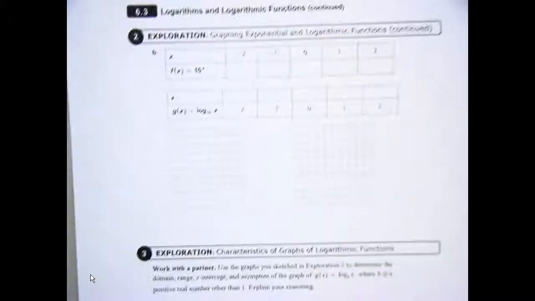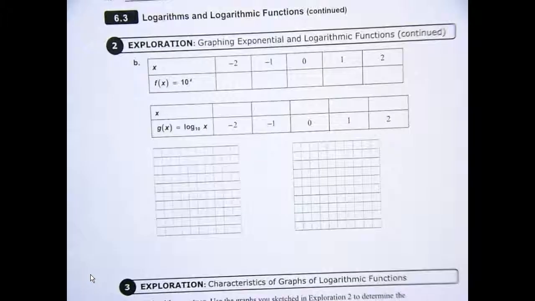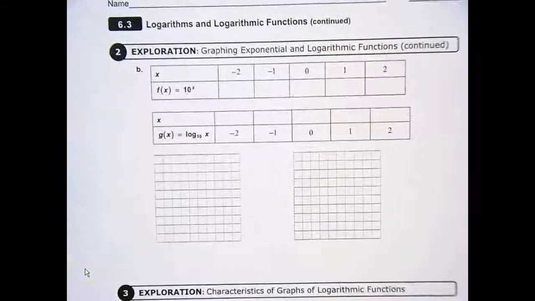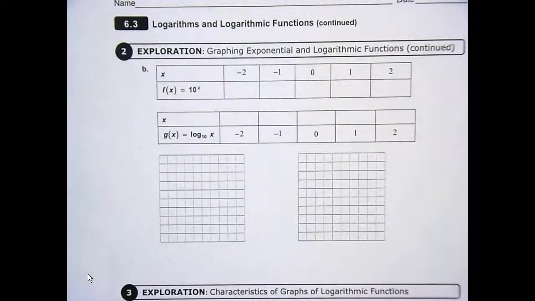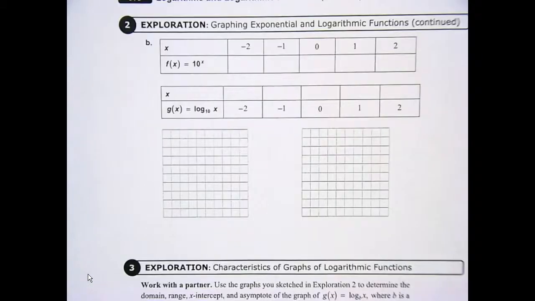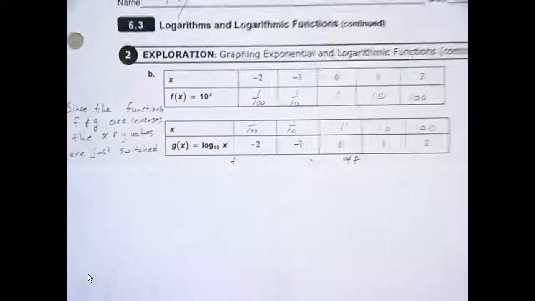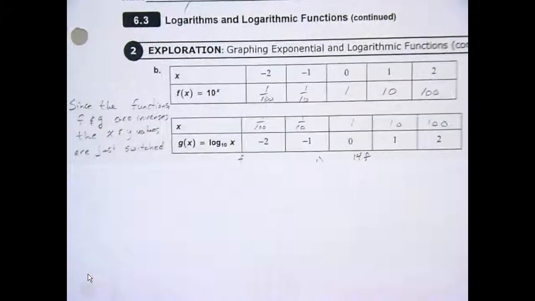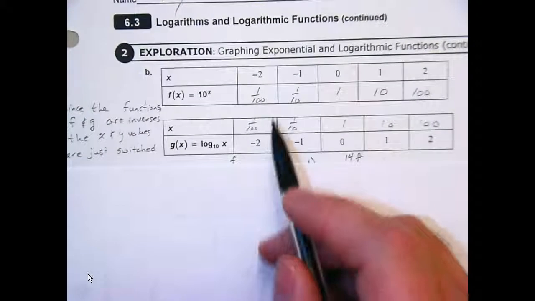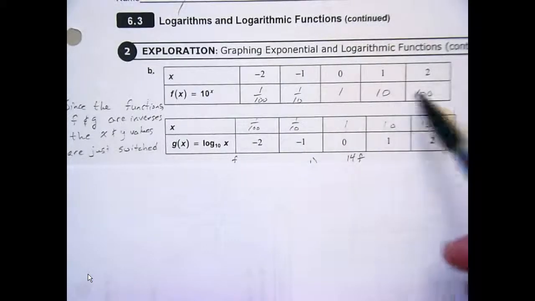With that being said, I want you to do exploration 2, top of the next page. Okay, so first, our table should have 1/100, 1/10, 1, 10 and 100.